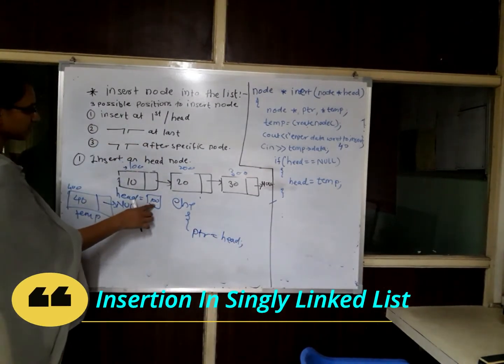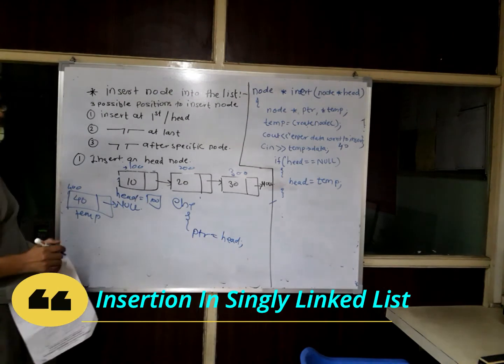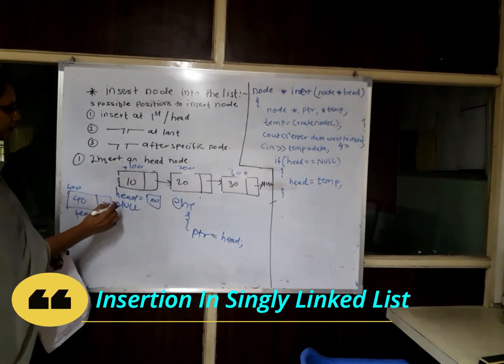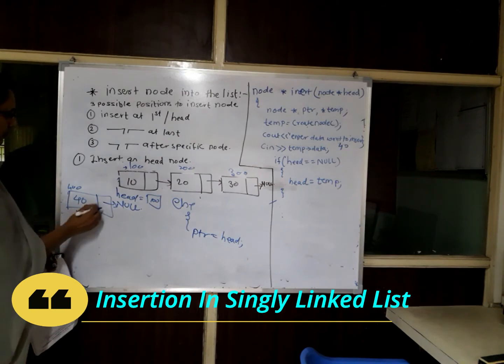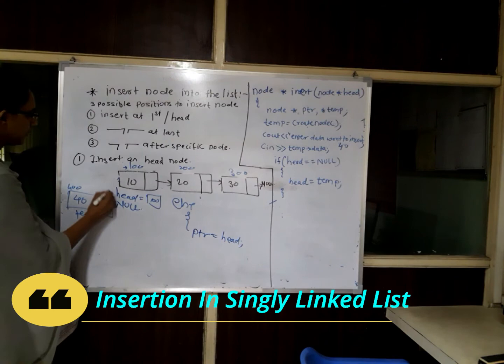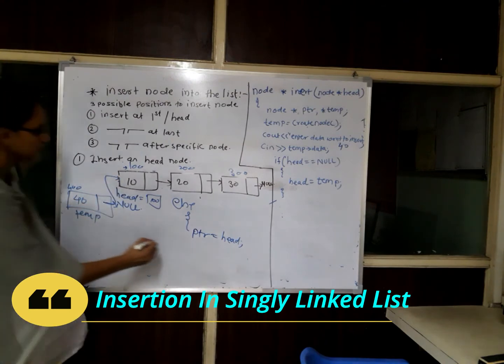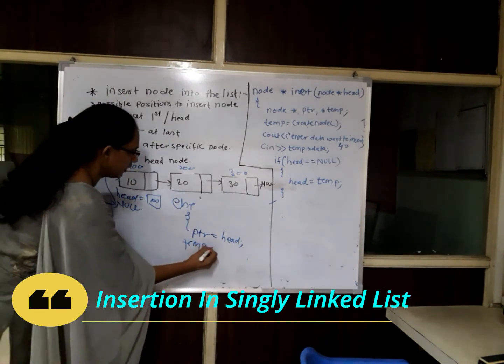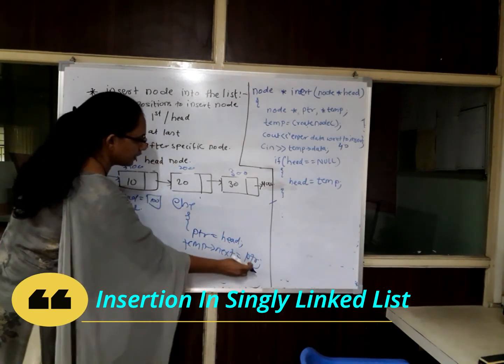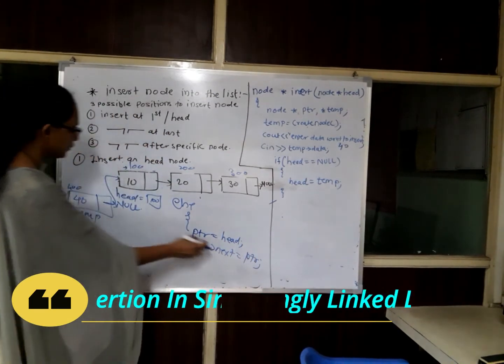The address of head is copied into ptr. Now ptr holds address 100. We will store this 100 in this part, temp next. So temp next is equal to ptr. ptr contains 100, that's stored into next.